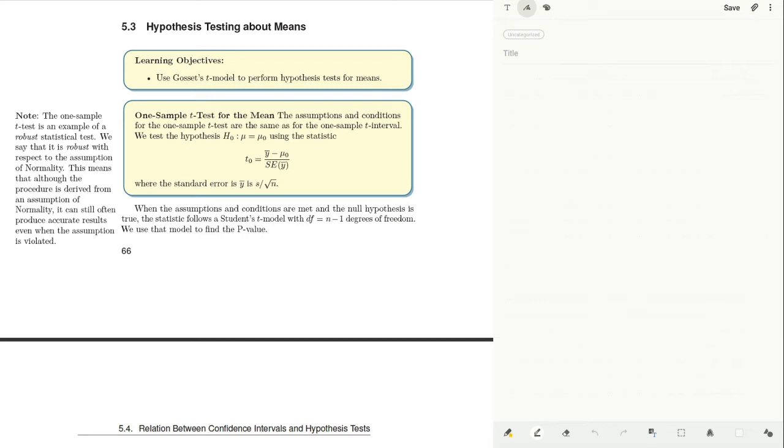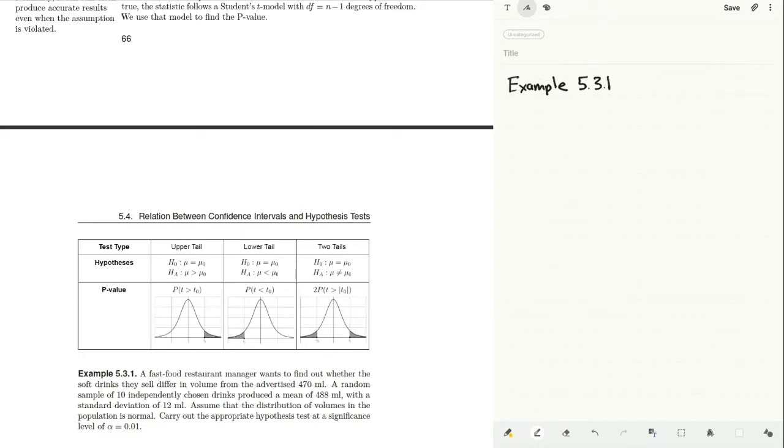We test the hypothesis where mu equals mu naught, and we calculate the test statistic by standardizing our sample mean. The sampling distribution model we will use is the t-distribution with n-1 degrees of freedom, and we use this model to find the p-value. As before, the calculation of the p-value will depend on the test type.